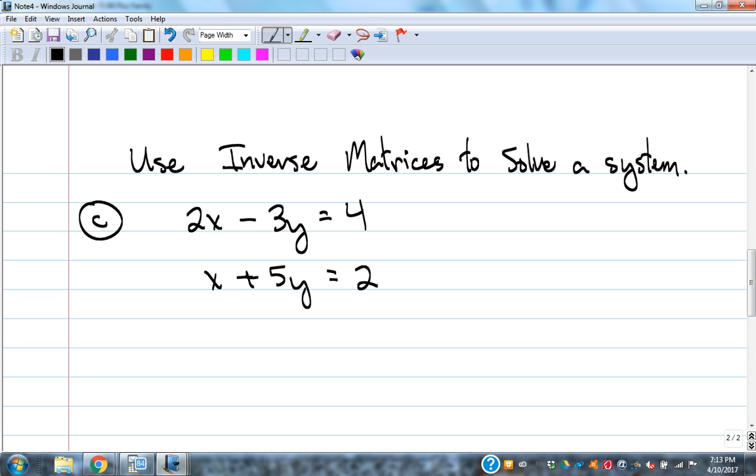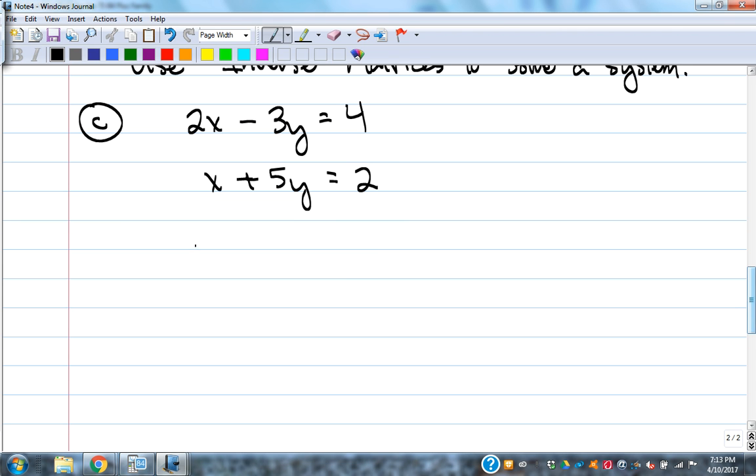The reason I want to show you this is because every semester they've always put a question on the final that says what inverse or what matrix should be multiplied to solve this system. And it's using this idea that you use an inverse matrix. So what we have to do is get the coefficient matrix. The coefficient matrix is just this stuff.